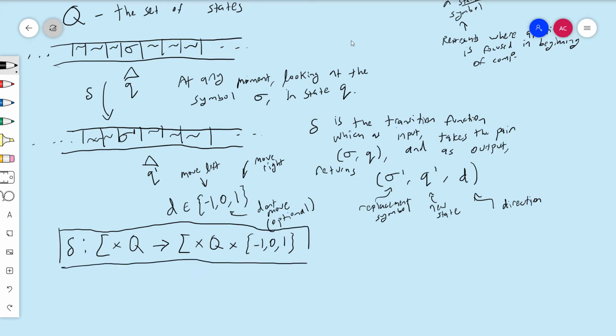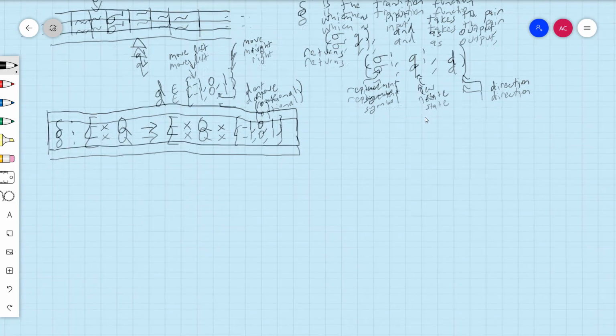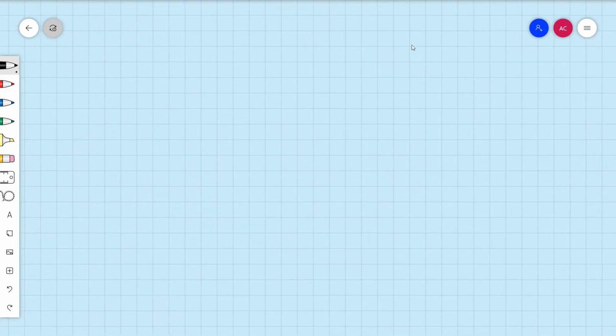It takes a symbol and a state, and as output it returns a new symbol, a new state, and a direction to move. That's the syntax of a Turing machine. We still have to define the semantics, but let me summarize in a full definition what I just said.